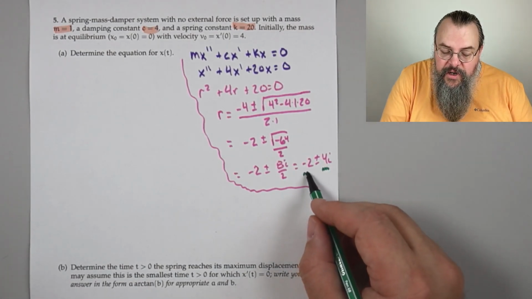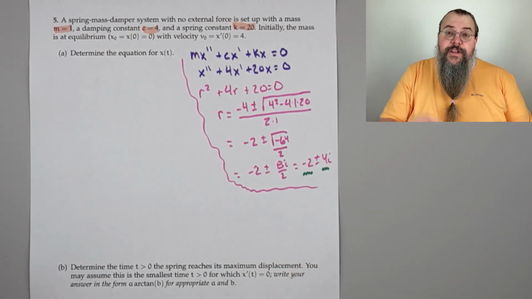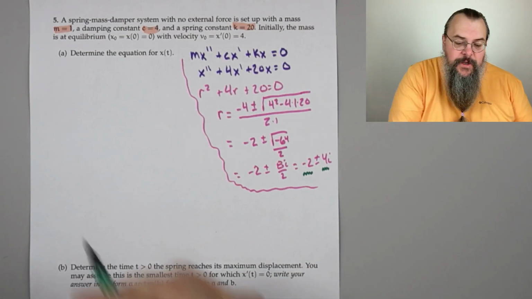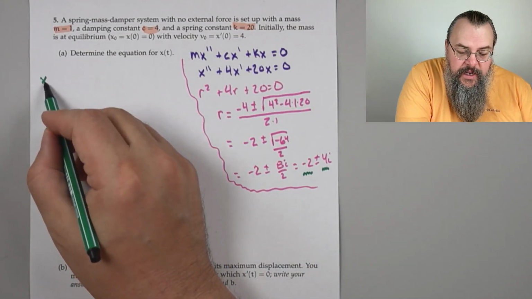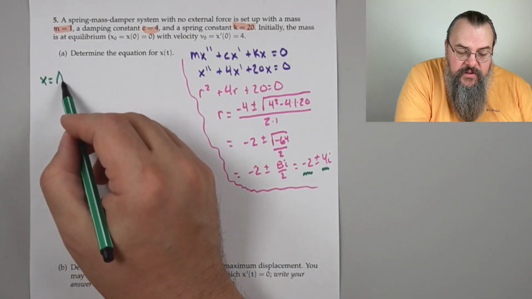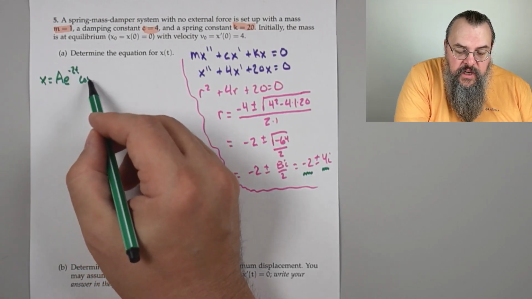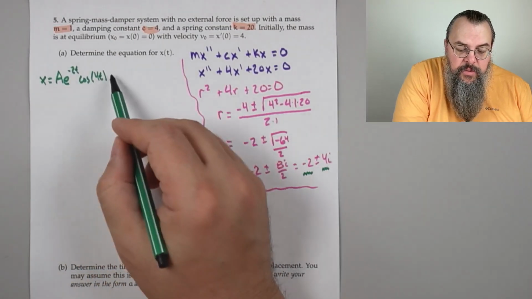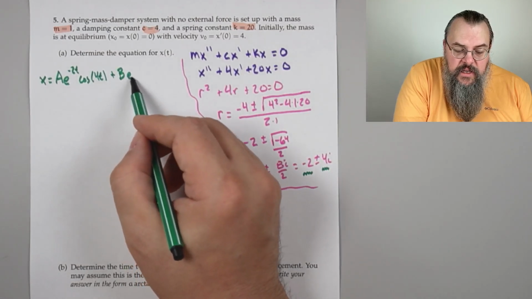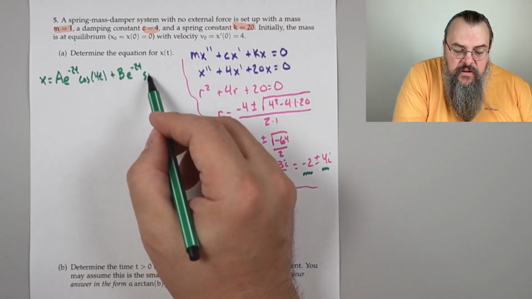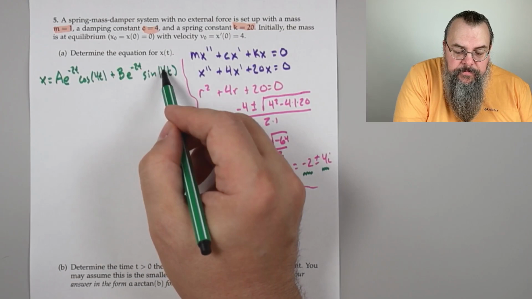The real part, that's what goes into the exponential function. So, we know that x looks like some constant a e to the minus 2t cosine 4t plus some constant b e to the minus 2t sine of 4t.